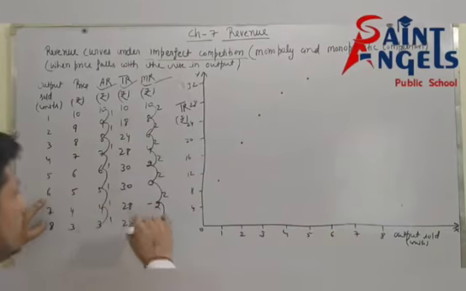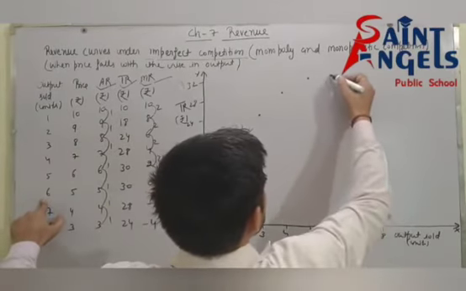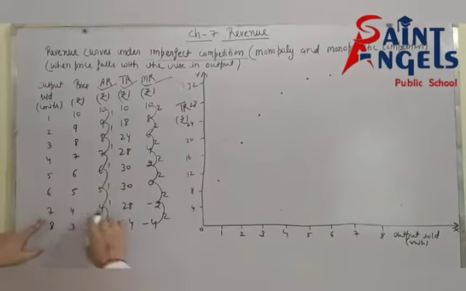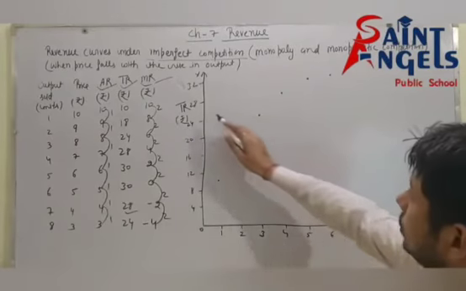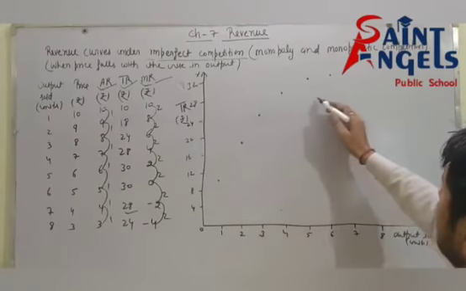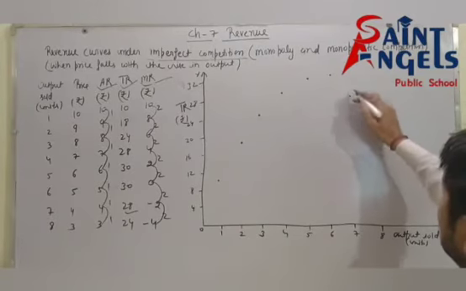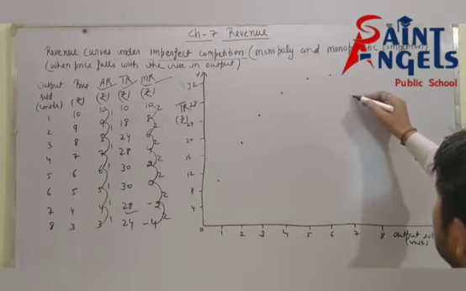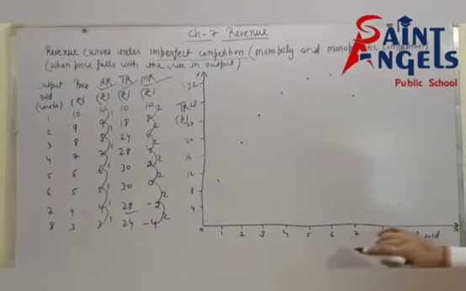At 6, 30 again. At the 7th unit, 28. At the 8th unit, the value of TR is 24.